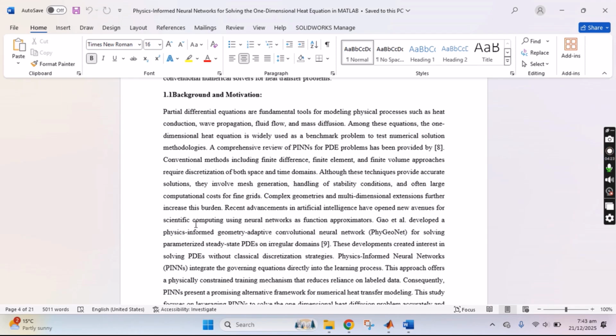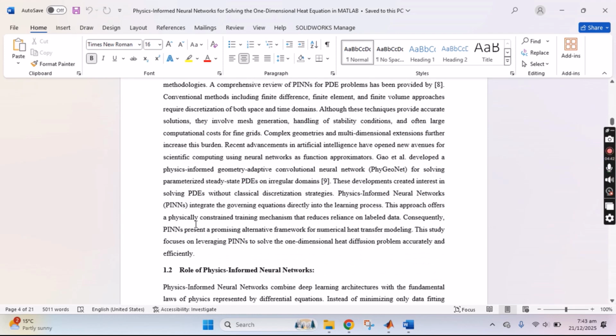But our method, the physics-informed neural network, provides a geometric adaptive convolution neural network for solving parameterized steady-state partial differential equations. This approach offers a physically constrained training mechanism that reduces the reliance on labeled data.